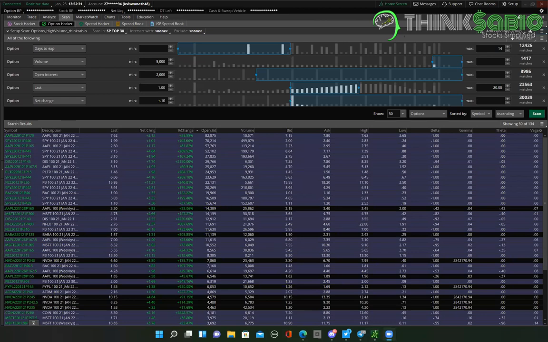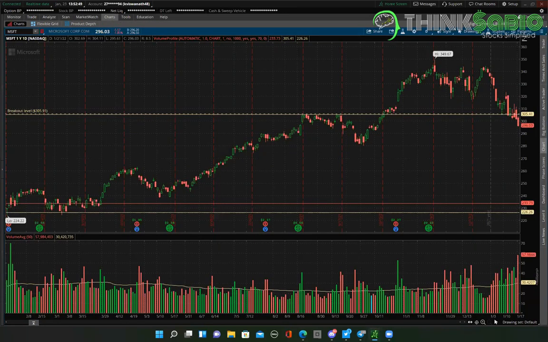This is a scanner that I got from one of our Thinksabio members. So how do you look at options? That's the answer to your question, Srikant. That's how you scan for the contracts that are having high open interest and high volume.